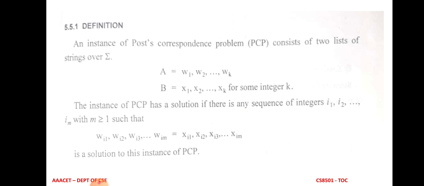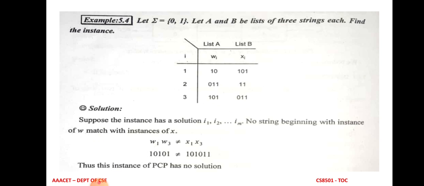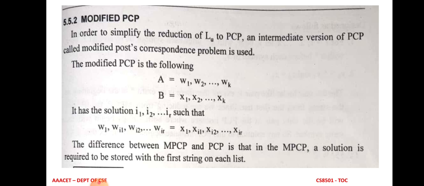In PCP, the left side starts with WI1 and the right side starts with XI1, but for MPCP it starts with W1. After W1 only WI1 should be present, and similarly after X1 only XI1 should be present. The meaning of MPCP is that we have to start the equalization with the first integer value. You can understand this when we see the problem.